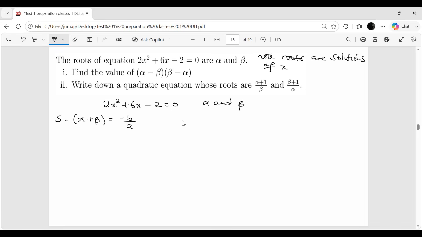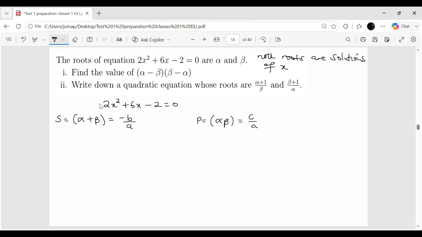Now the product, I'll write it here. The product is alpha beta, which equals c over a. That is one thing you need to note.